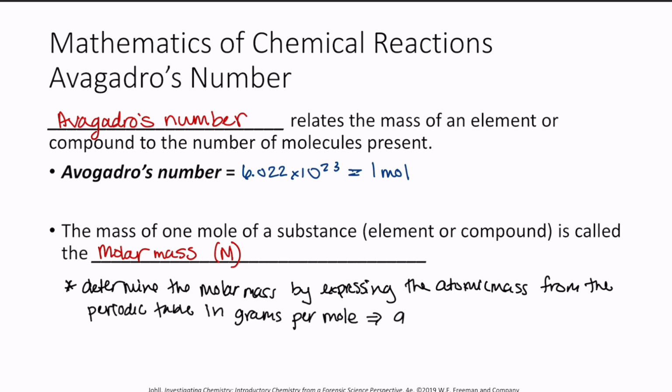So those units would just be grams over moles. And realize that when these units are being typed out, it's more common to see them written as grams per mole like this. But what you need to remember is the grams are on the top and the moles are on the bottom.